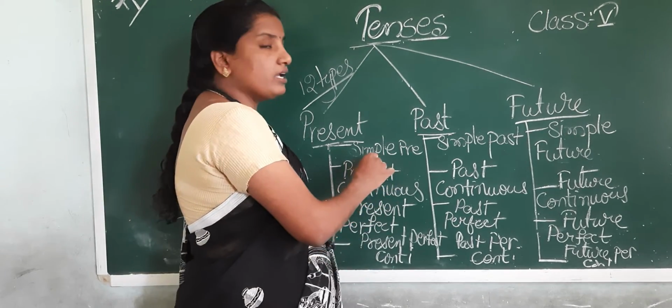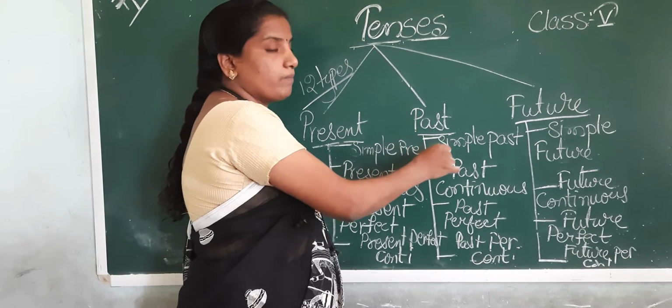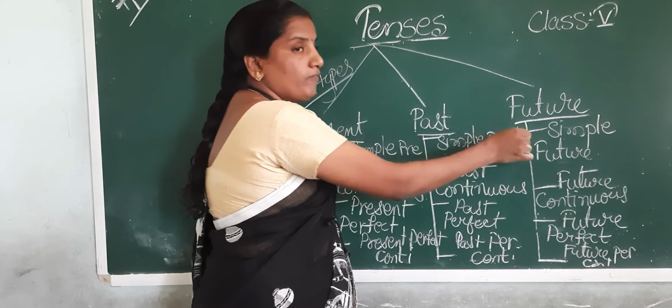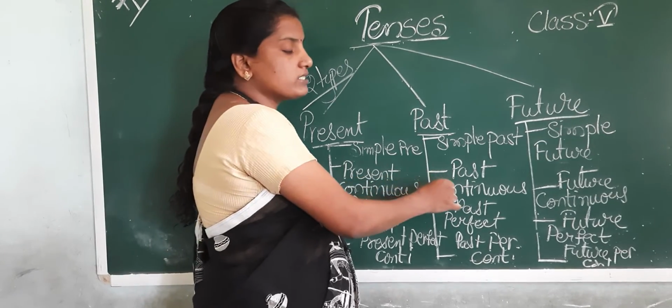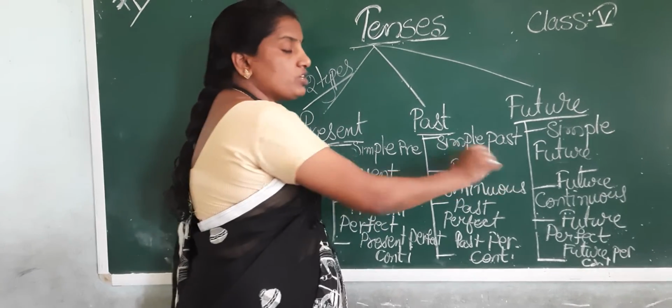What are they? Simple present, simple past, simple future. Present continuous, past continuous, future continuous.